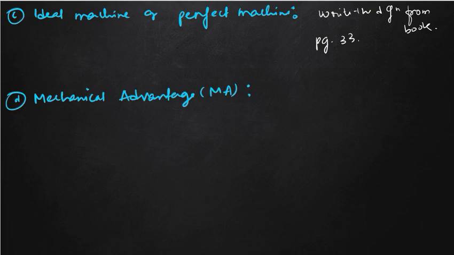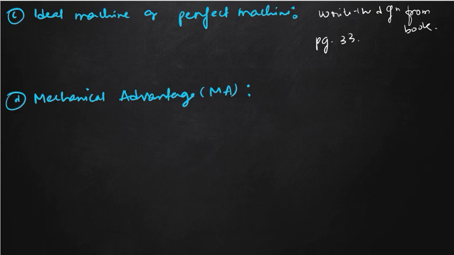If a machine lifts a comparatively large load compared to the effort applied, then it has a positive mechanical advantage. That means by applying a small force, the machine can lift a huge load. That is called positive mechanical advantage. Clear?